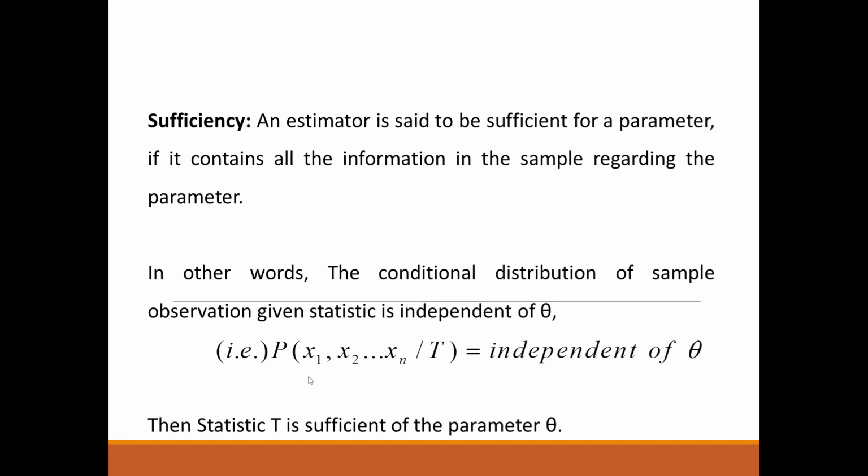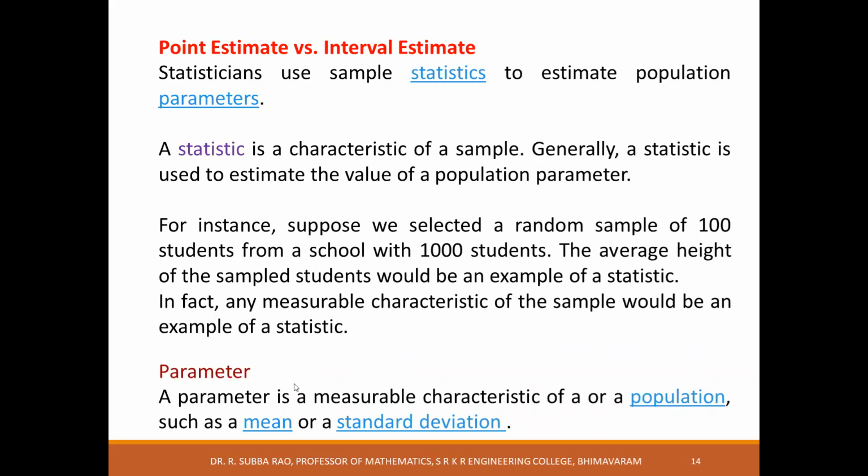That's what you define as sufficiency. The concepts you have learned so far are the criteria of a good estimator, which means an estimator is said to be a good estimator if it satisfies all these four conditions.